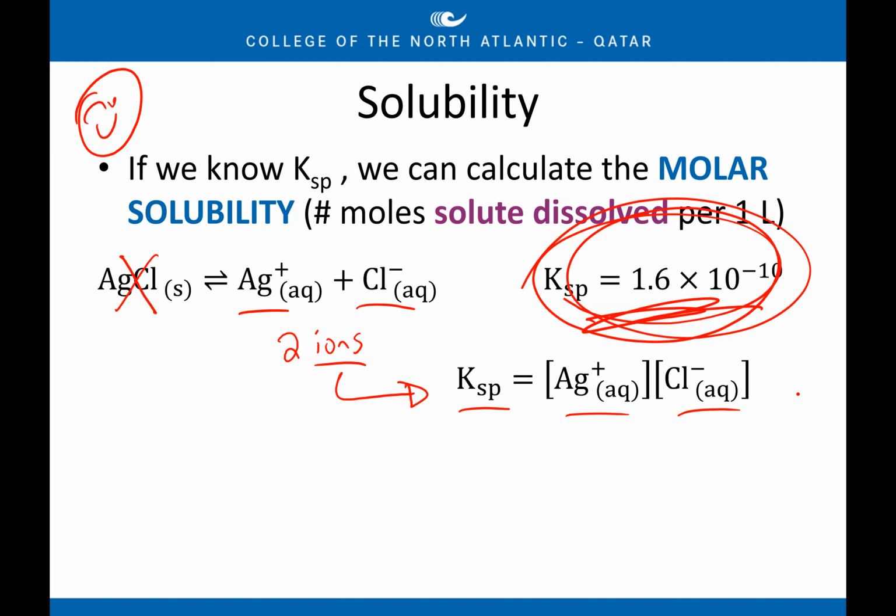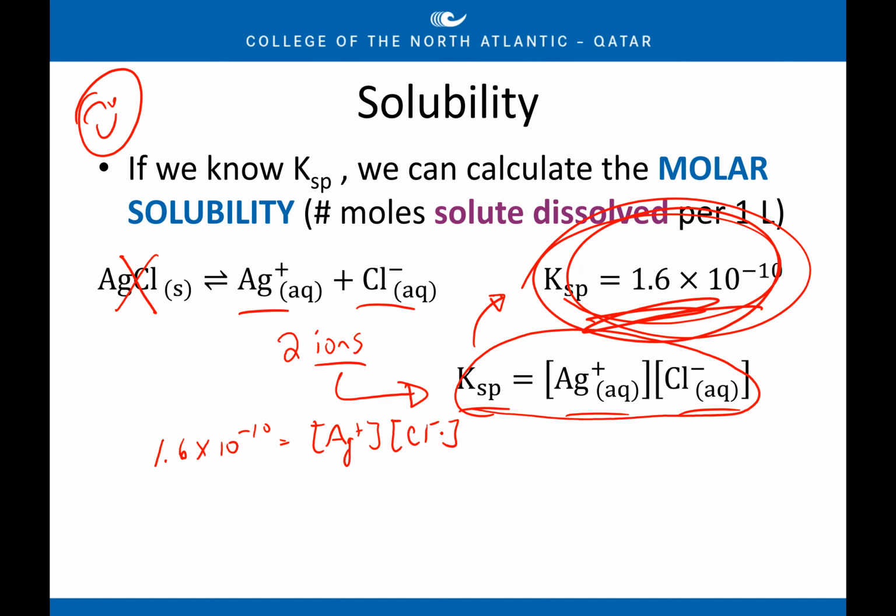It's 5:15, so I don't have much time, but I think you guys will get this. If I turn this into a mathematical equation, I will get 1.6 times 10 to the negative 10 equals silver times chlorine.